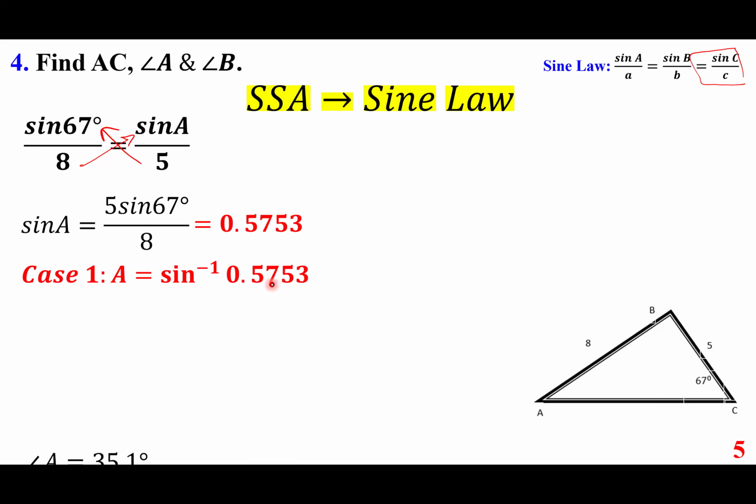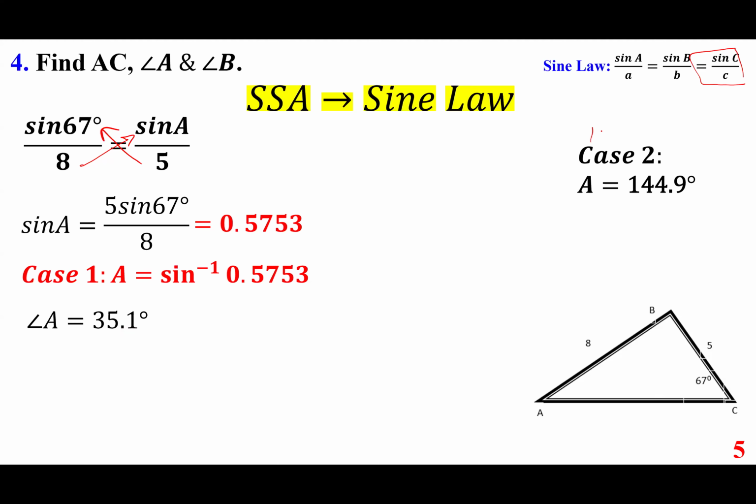You put that into a calculator, results in 35.1 degrees. And remember, sine is positive in the first and second quadrant, so this acts as a reference arc. If you subtract it from 180, you get 144.9. I want to make sure that we understand that this acts as a reference arc.